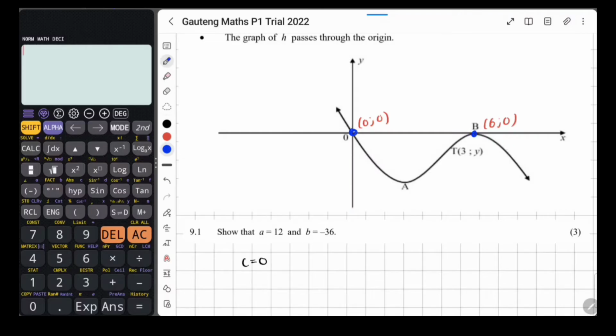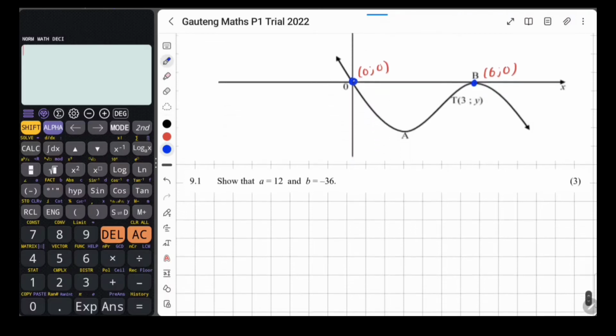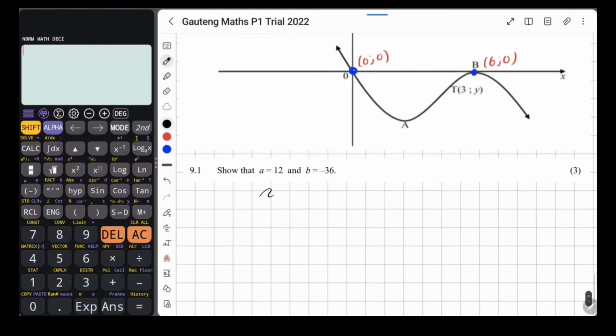You can use the x-intercept format of a cubic function, and that is y is equal to a, open bracket x minus x1, and then x minus x2, and that one is squared. The one that is squared belongs to your stationary point that is also an x-intercept.